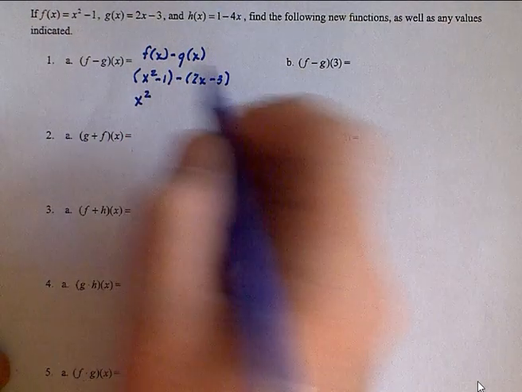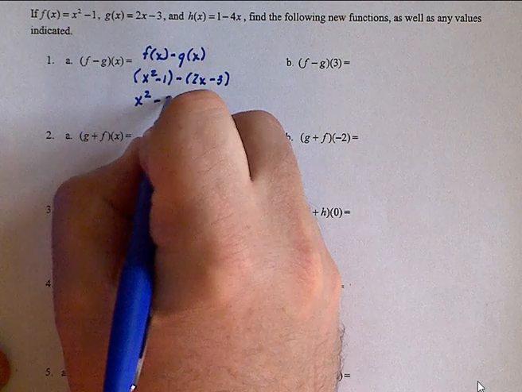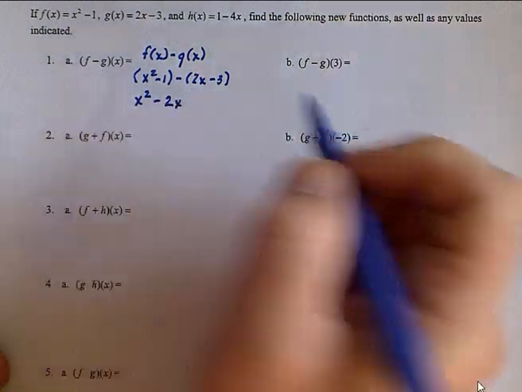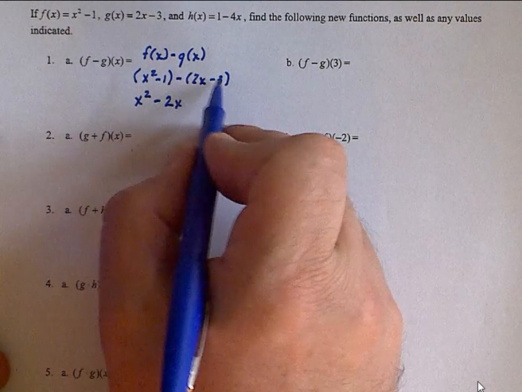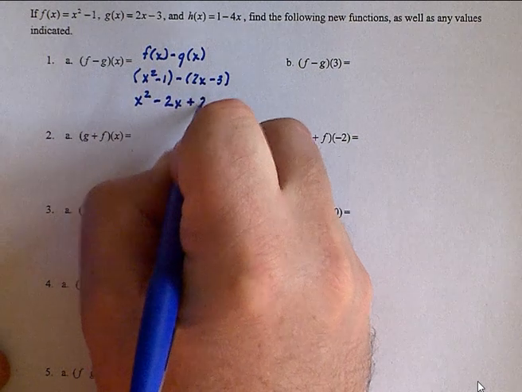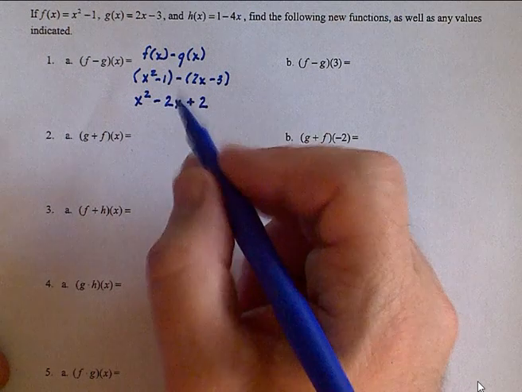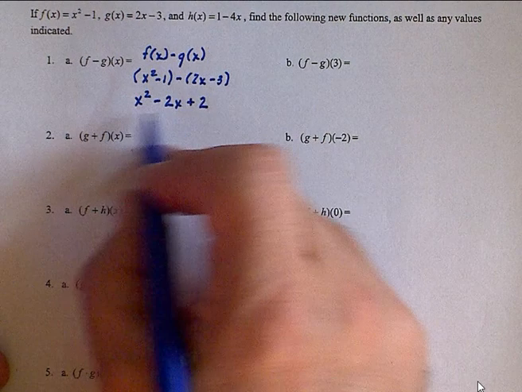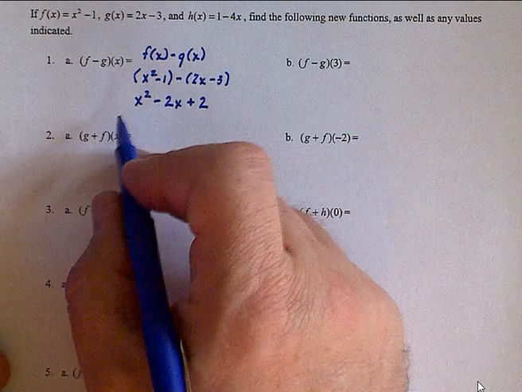I have a minus 2x, nothing to go with that. And then I have this minus 1, and then by distributing this plus 3, which would leave me with a plus 2. So f minus g of x becomes this trinomial after you distribute the negative and combine the like terms.